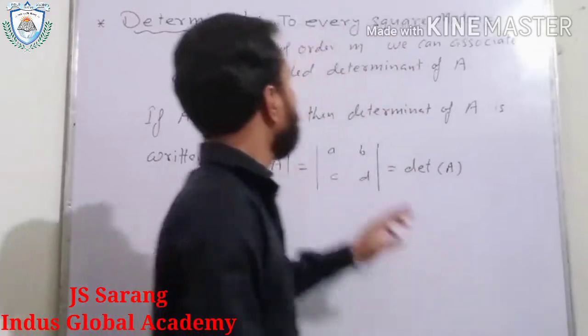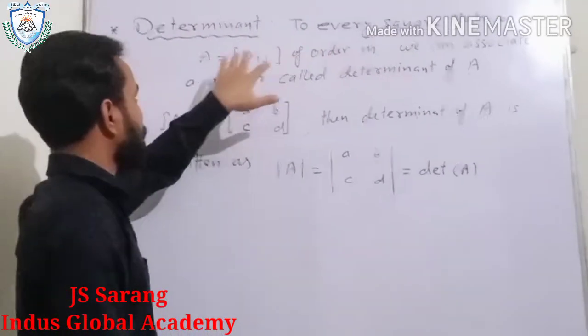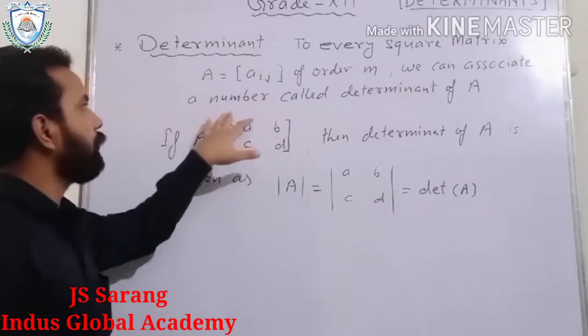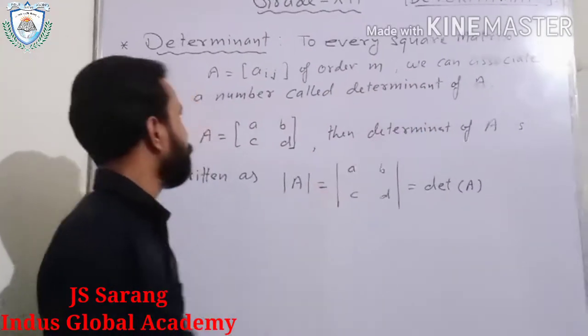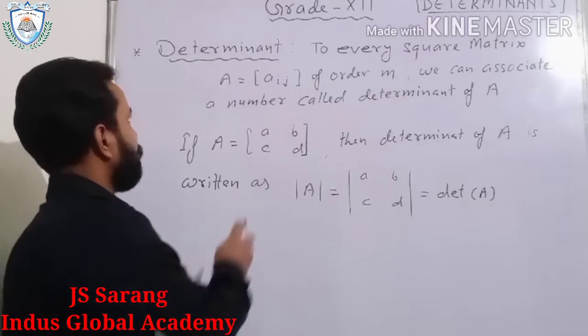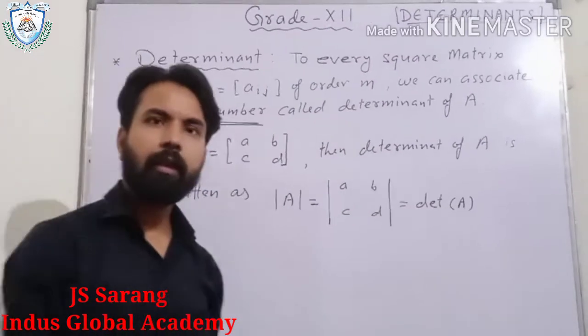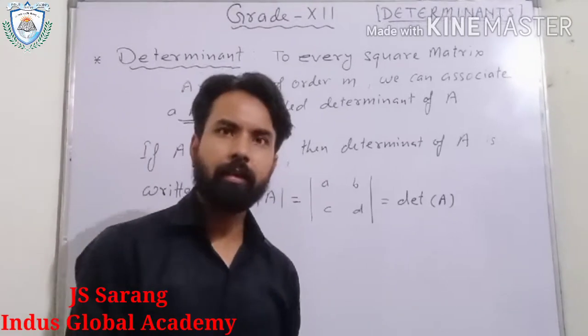So, to every square matrix A equal to Aij of order m, we can associate a number called the determinant of A, and this number can be a real number or a complex number.